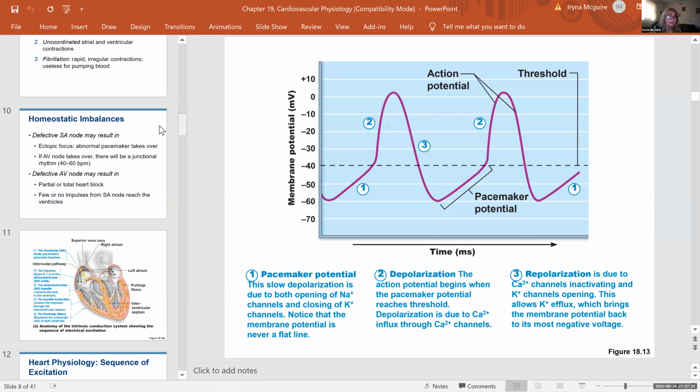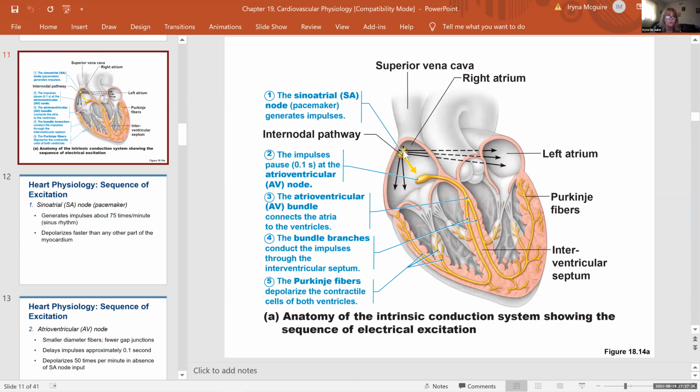When we have SA node as a pacemaker, it's a sinus rhythm, and this is the one that gives you 75 beats per minute. What does it mean? 75 action potentials per minute. AV node about 50 times per minute, and AV bundle, bundle branches about 30 times per minute.